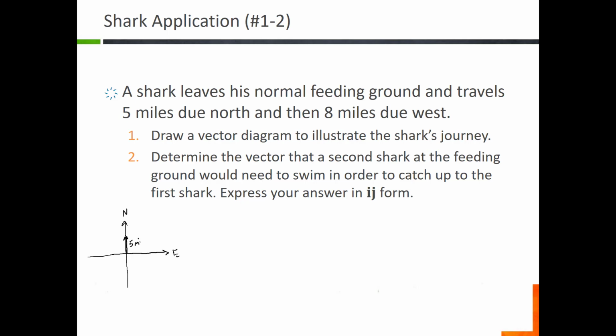We could draw this vector at the origin, pointing 8 miles due west. But since we might be thinking in terms of addition here, because we're trying to find his total journey, we can draw the vector at the tip of the first vector. So from where he swam 5 miles north, he turns and heads 8 miles west.